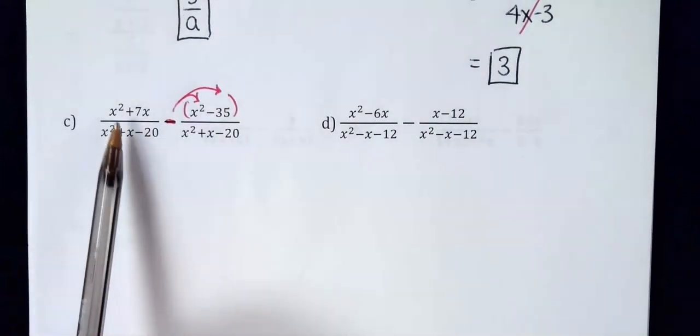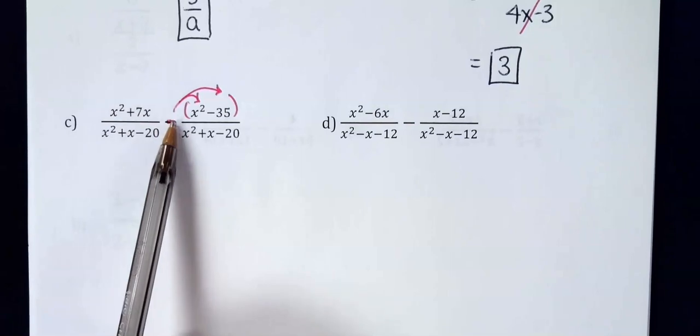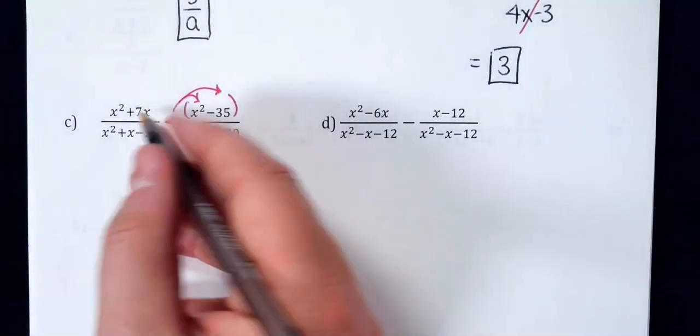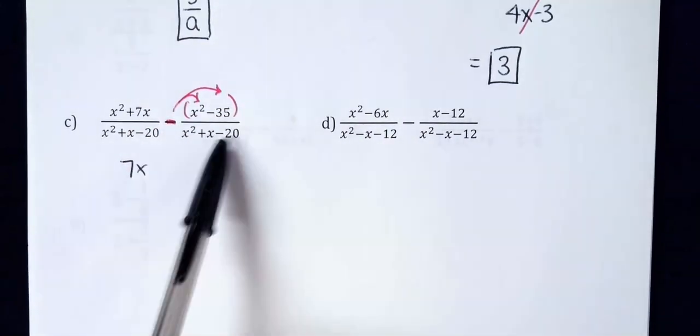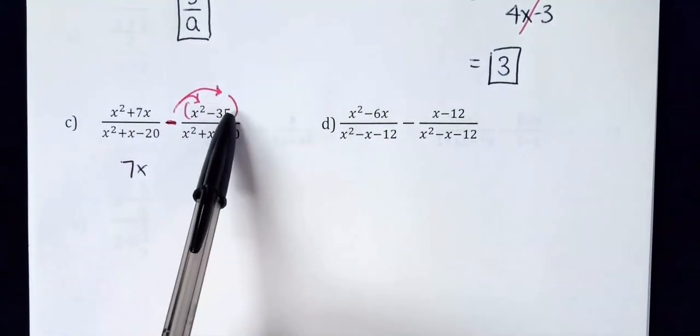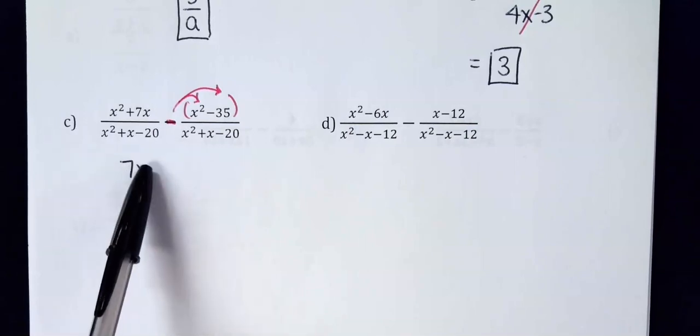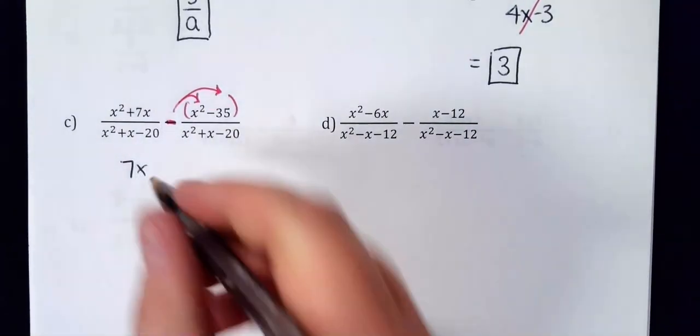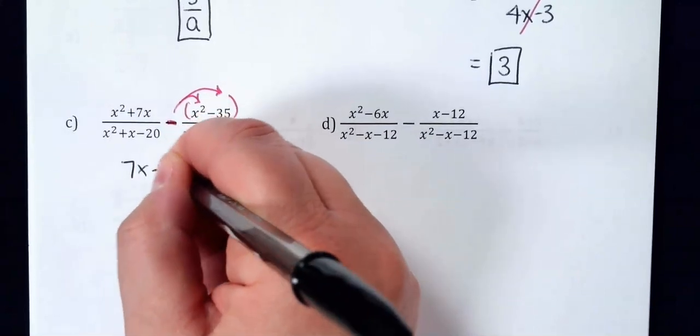Here, if I do x squared minus x squared, that will just go away. I'd have a 7x, and there's no plain x term in this other fraction to combine it with. So then it would be minus a negative 35, which is actually plus 35.